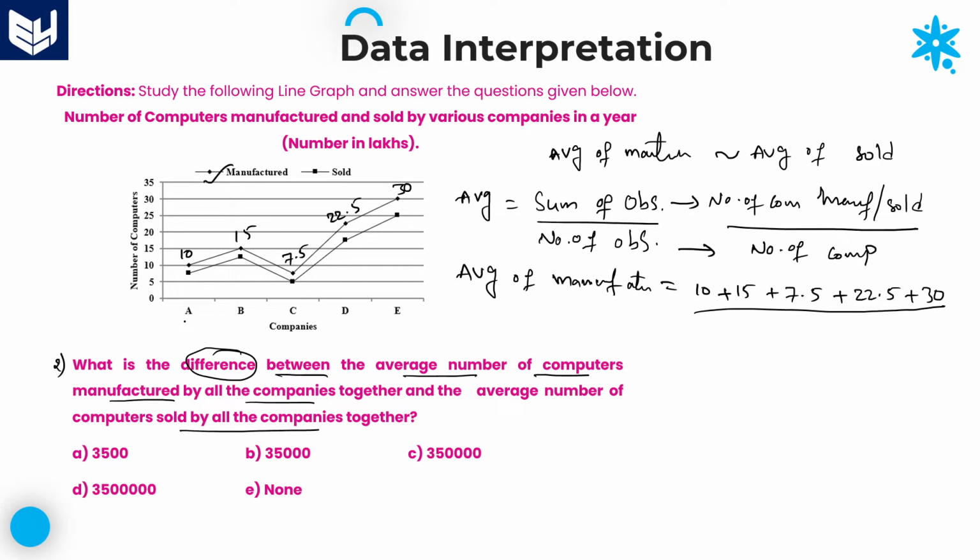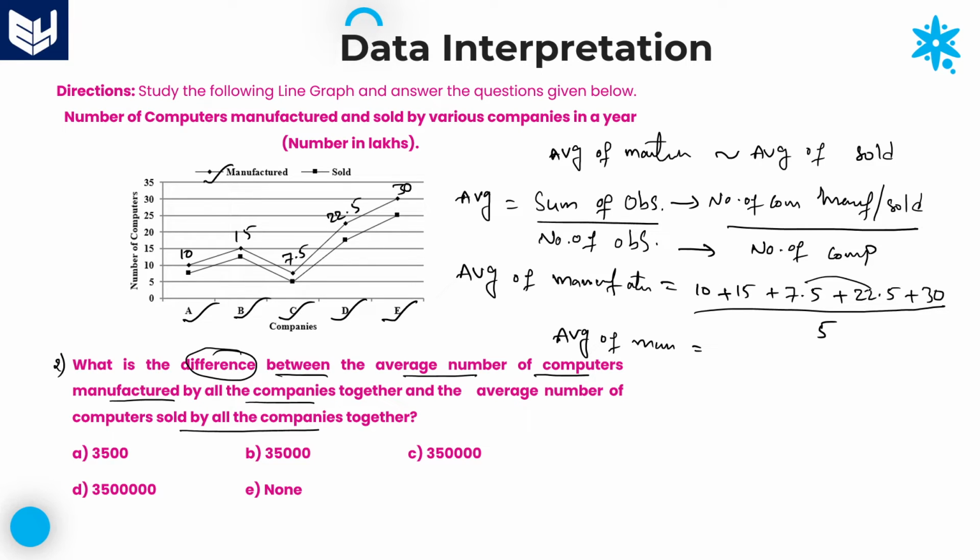How many companies? Total 5 companies we are taking into consideration: A, B, C, D, E. Therefore the required average of manufacturing is equal to, add all the values.